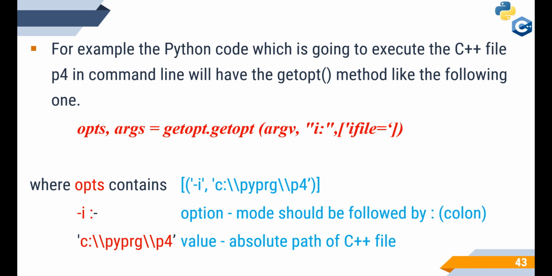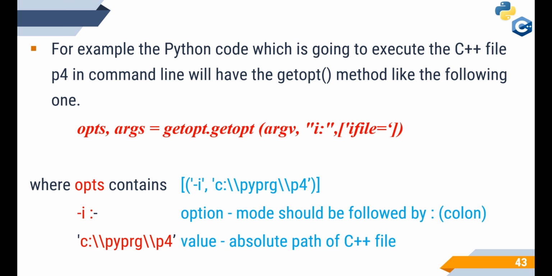Here, for example, the Python code which is going to execute the C++ file p4 on the command line will have the getopt method like the following. opts, args = getopt.getopt(sys.argv[1:], 'i:'), where opts contains here it should be pyprg p4. The option mode should be followed by a colon.